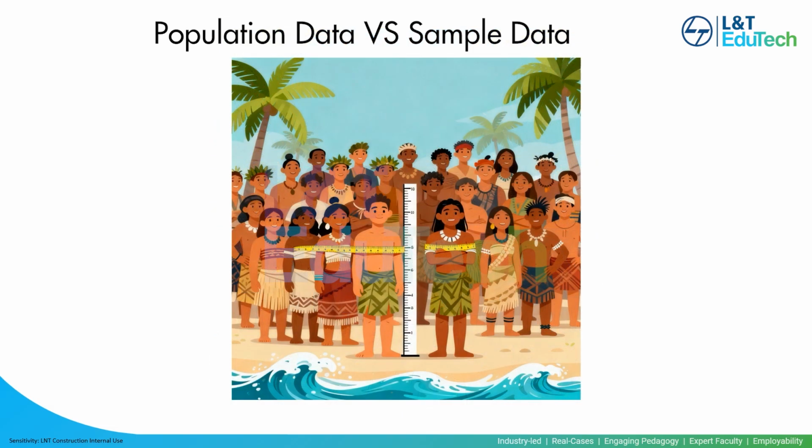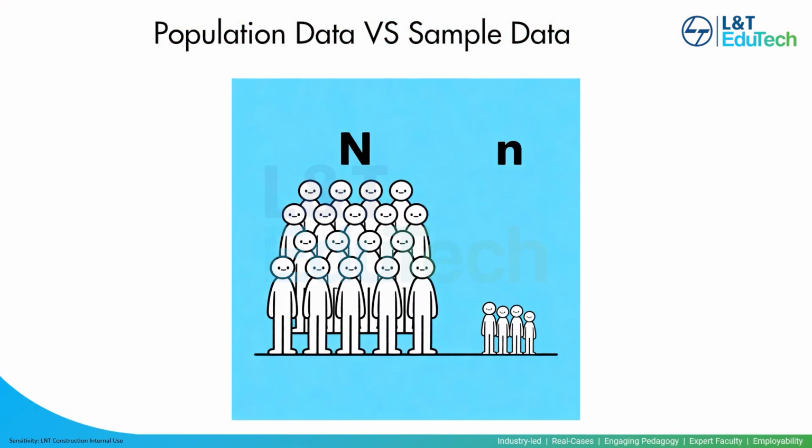How does the sample of 10,000 islanders help us estimate the average weight of the entire population? In statistics, we represent these ideas in simple notation. The population size is represented as capital N and the sample size is represented as small n.